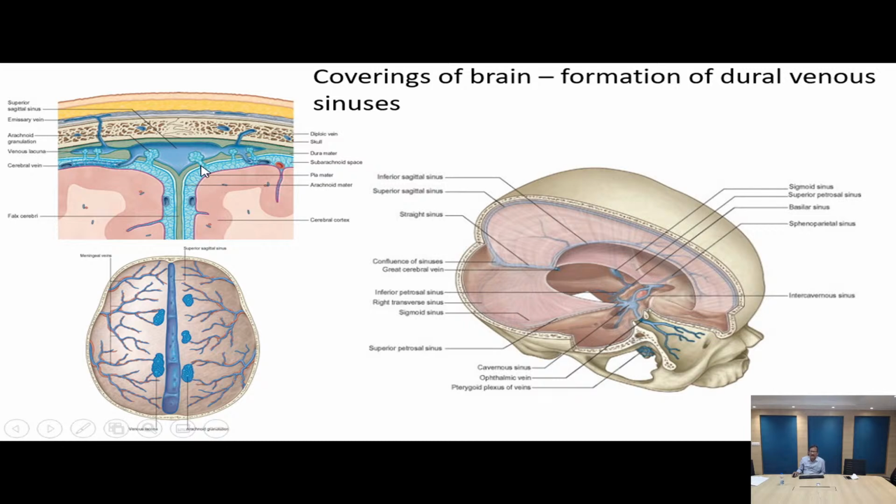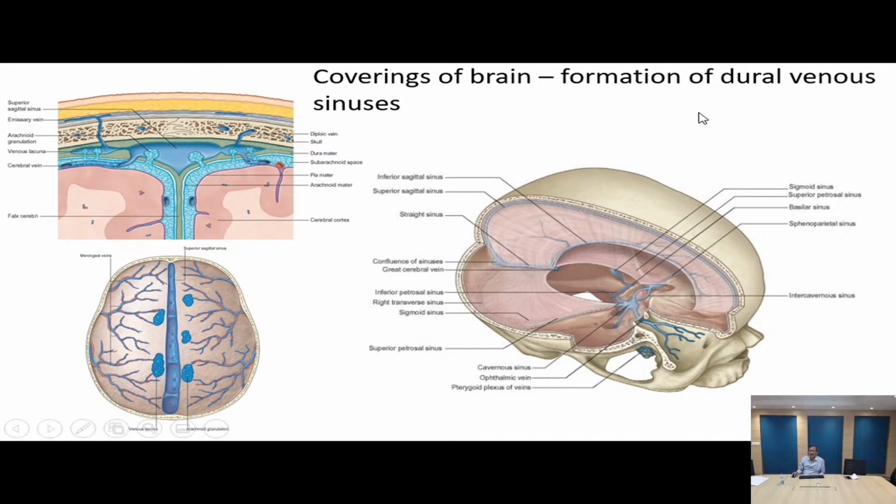These are the sites through which the CSF, which is present in the subarachnoid space, goes out into the blood within the dural venous sinuses. So if the dural venous sinuses are blocked, then the CSF is not able to drain, and again this will produce a condition of hydrocephalus.